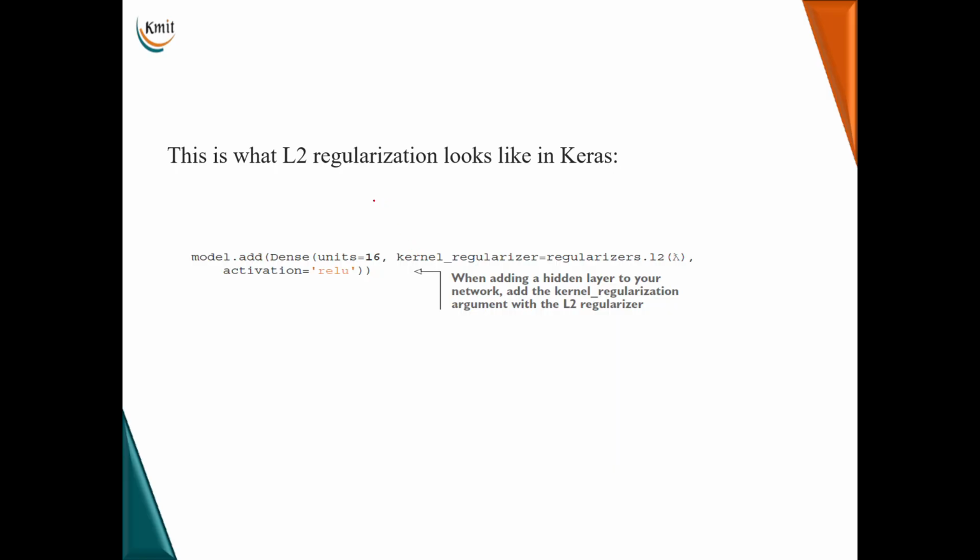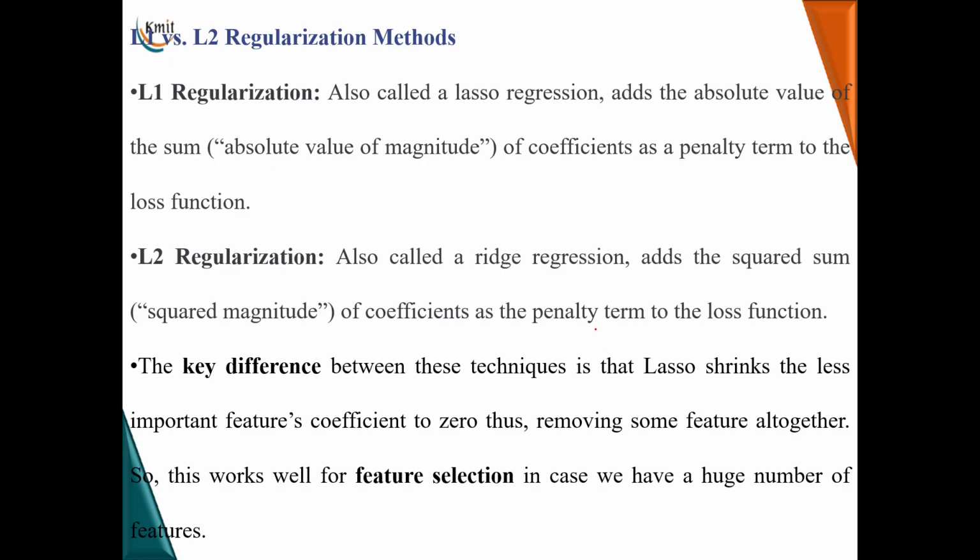This is how L2 regularization is done in Keras, where I have kernel regularizer as regularizers.L2 of lambda. We need to import it from Keras and then use this command for implementing L2 regularization.